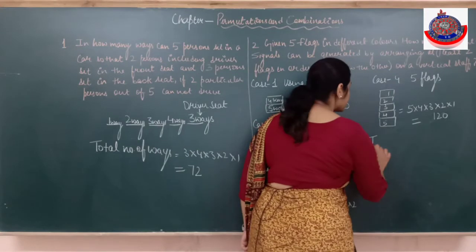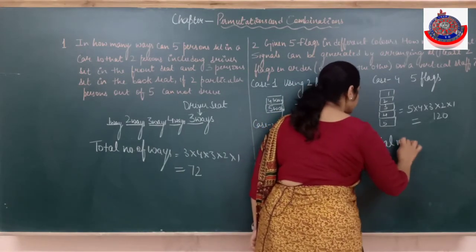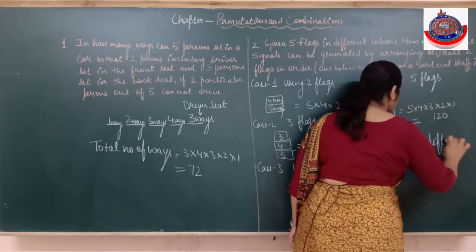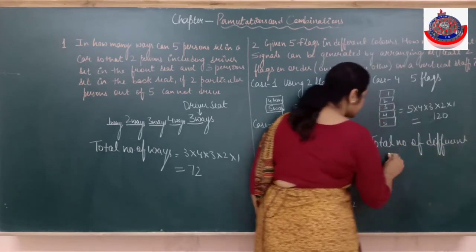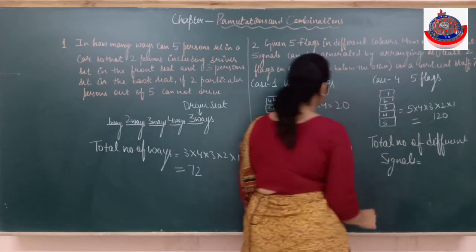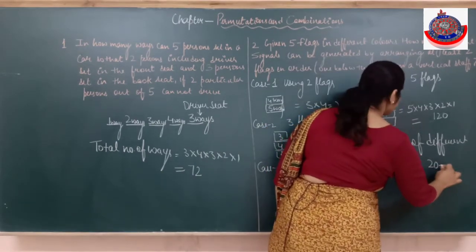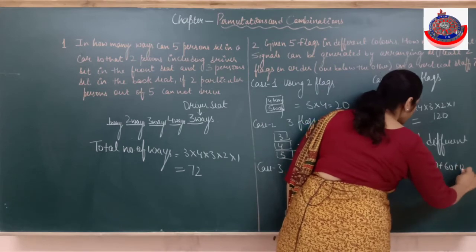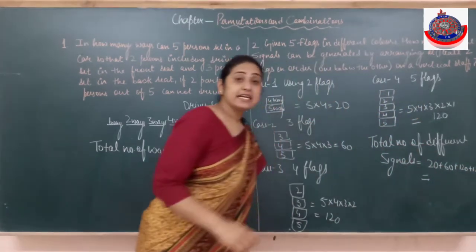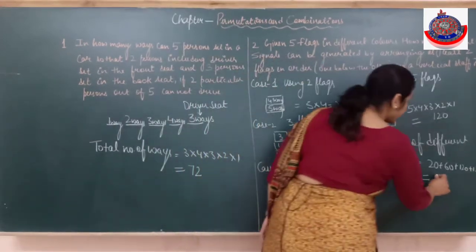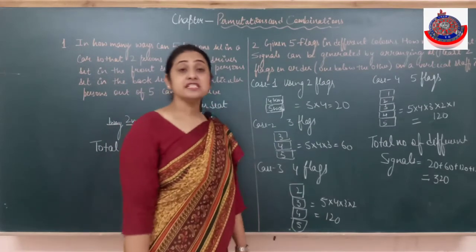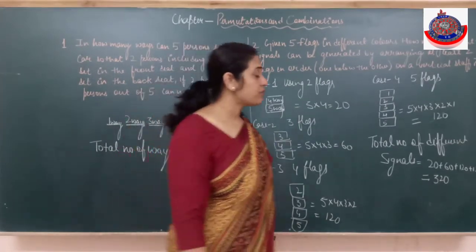So the total number of signals that can be generated will be 20 plus 60 plus 120 plus 120. Is it clear? So that means a total of 320 such signals can be generated using these flags. I hope it's clear to everyone.